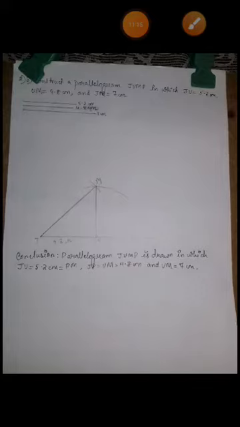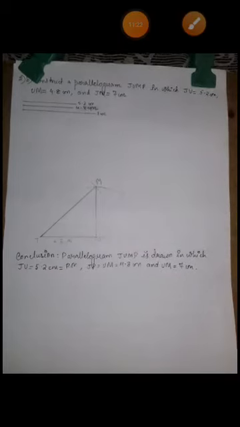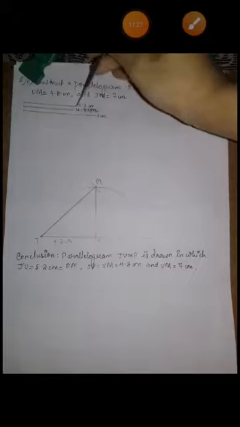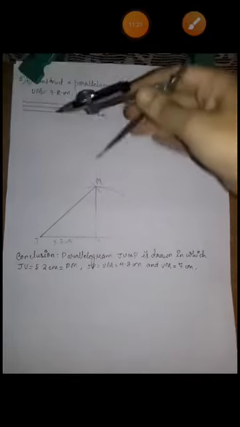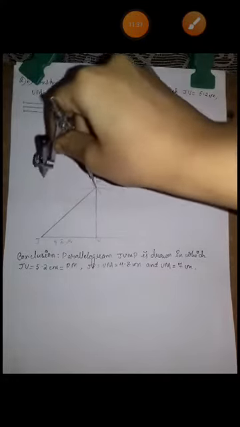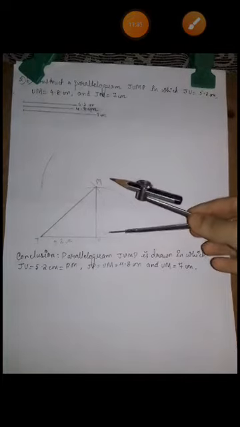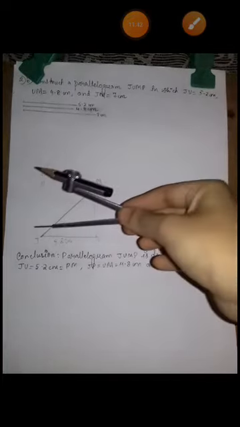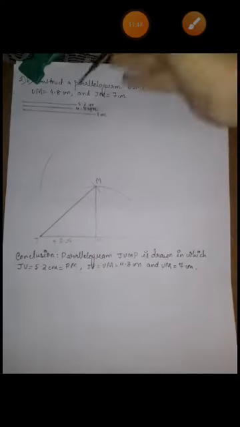Now that means what? In this quadrilateral, JU is 5.2 centimeter, so MP should also be 5.2 centimeter. So again you take the measurement 5.2 centimeter with the help of compass and then place the compass over here and cut an arc in this way. And this MU length should be equal to JP length, which is 4.8 centimeter.